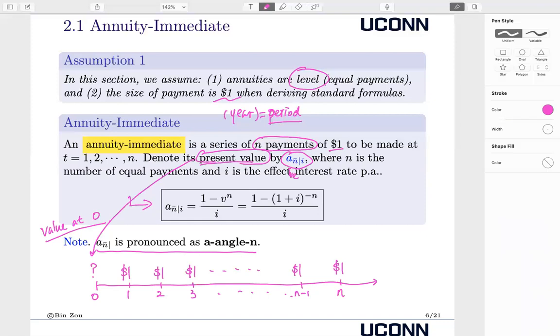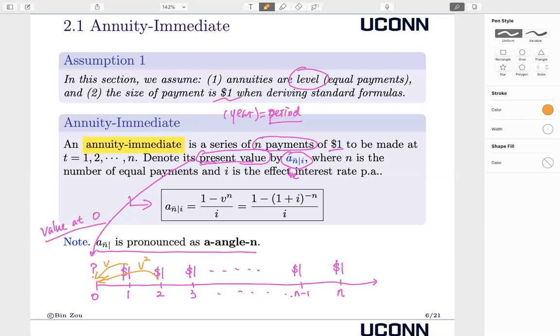So now let's use a different color to discount them back. For the first payment, in order to discount, I will need to multiply by v, where v is the 1-year discount factor, right? How about the second one? It will be v squared, because the second payment is to be made at time 2.